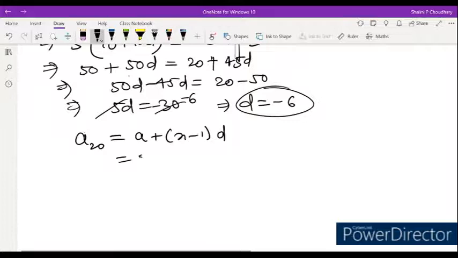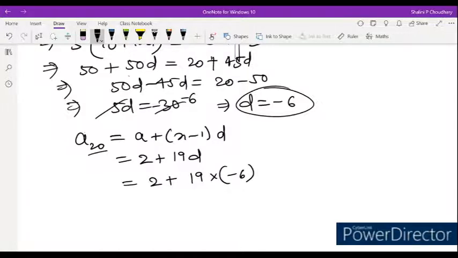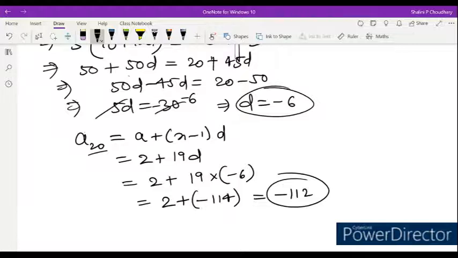Okay, so we'll write here 2, n is 20, so n minus 1 will be 19 and d. So 2 plus 19 into minus 6, and 19 sixes are 114. So we'll write 2 plus minus 114 and this will be equal to minus 112. This is what we had to prove.